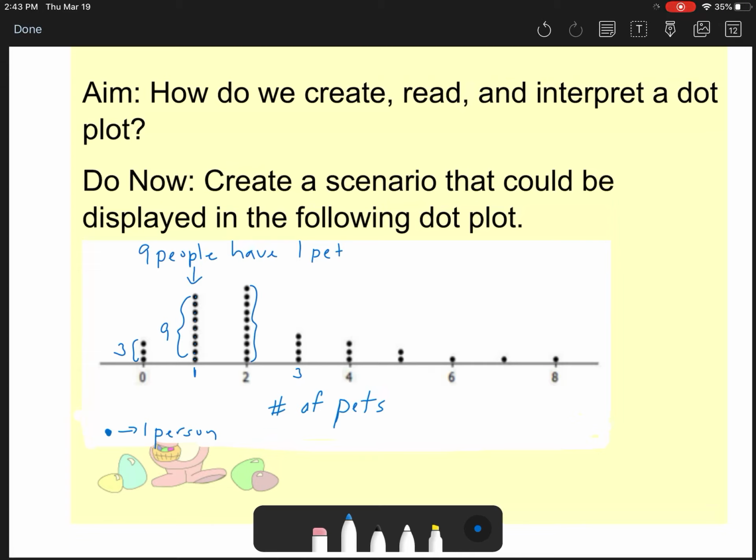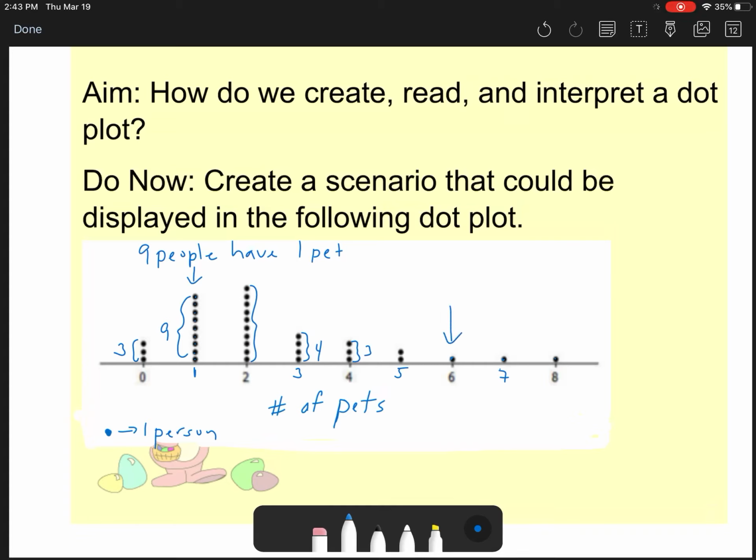And then we just keep going through the dot plot. There are 4 people that have 3 pets, 3 people that have 4 pets, 5 people that have 5 pets, I'm sorry, 1 person that has 6 pets. Okay, 1 person has 6 pets, 1 person has 7 pets, and 1 person has 8 pets.